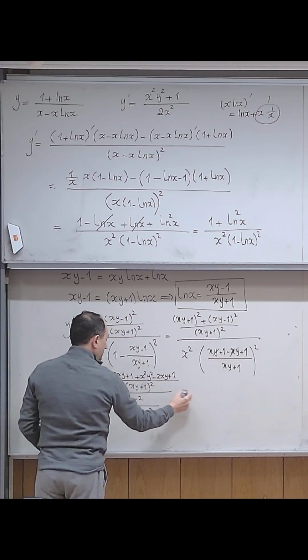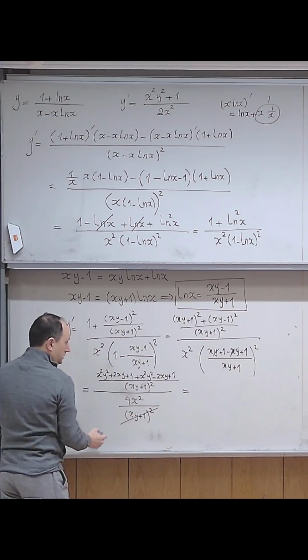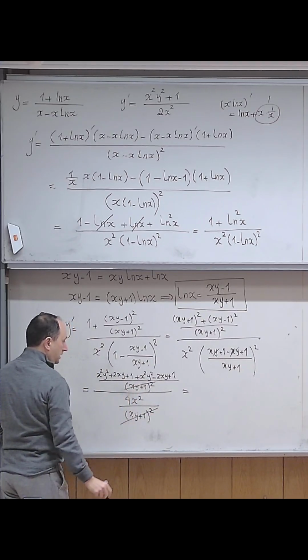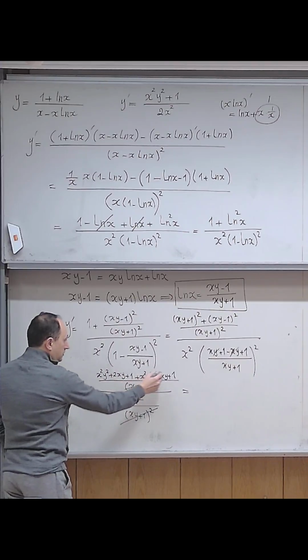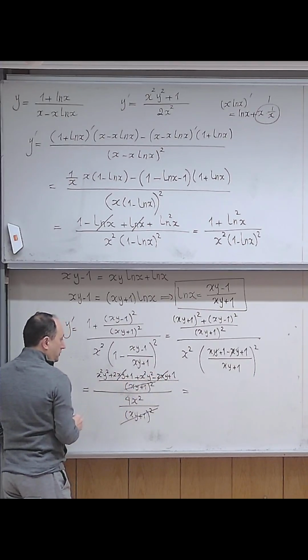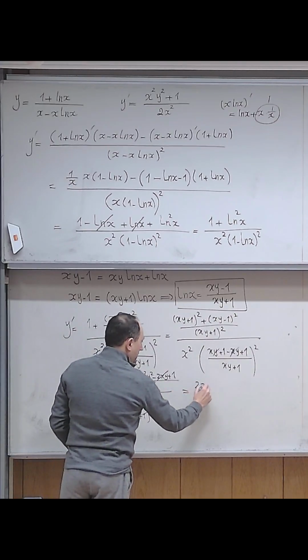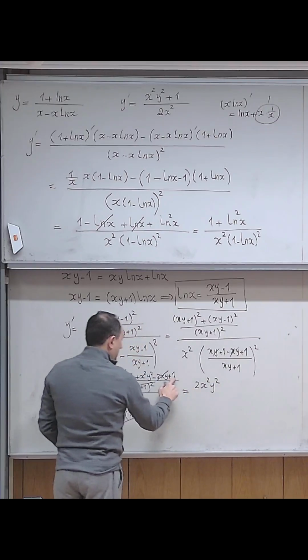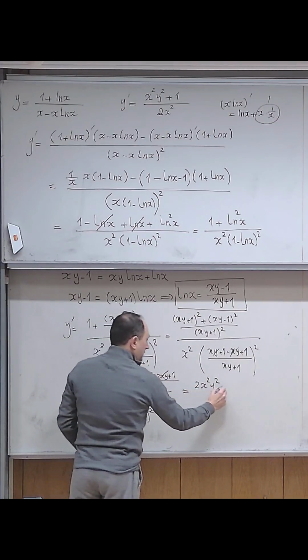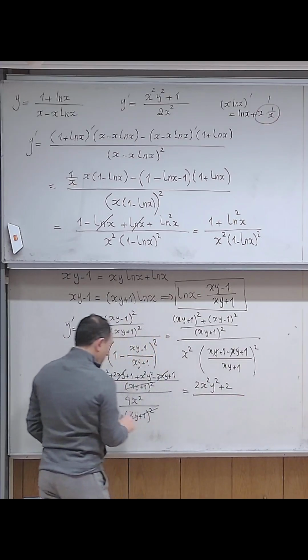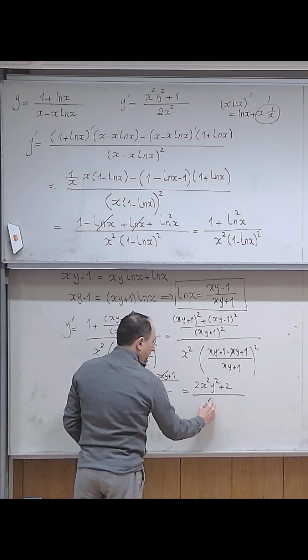And more or less we are done. You can see this one in the denominator cancels that one in the denominator. Here negative 2xy and positive 2xy are gone. This one and that one will be added, so it becomes 2x squared y squared. This one and that one will be added, it becomes 2. And in the denominator, I have simply 4x squared.